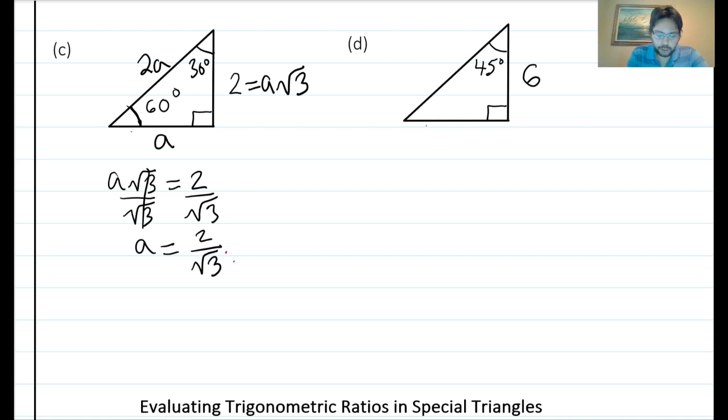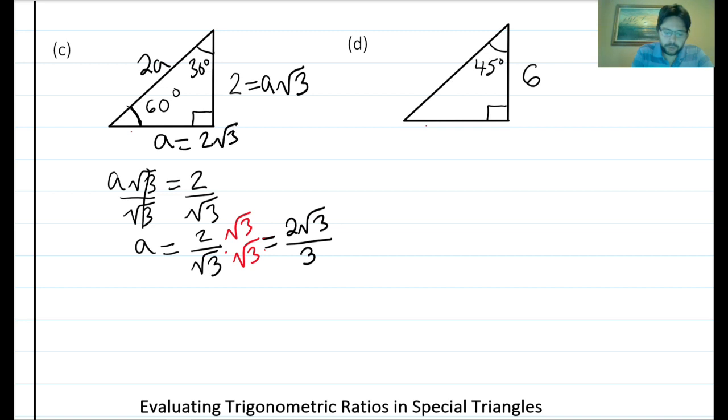So I'm going to multiply this by the same radical, top and bottom. So now I have 2 square root of 3 over, and then 3 times 3 is 9, and the square root of 9 is 3. So this is going to give us 3. All right, so now we know one of the sides is 2 square root of 3 over 3.